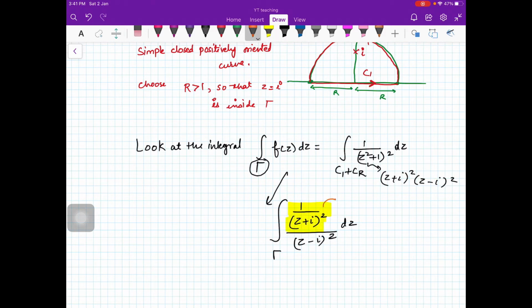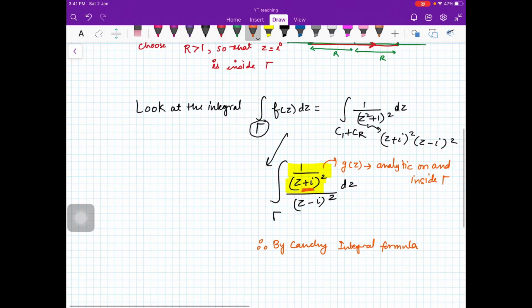This g(z) has a singularity at the point minus iota, and minus iota is not inside our contour. So g(z) is analytic on and inside the contour. Therefore, by Cauchy integral formula, this integral is equal to 2 pi iota g dash at the point iota.